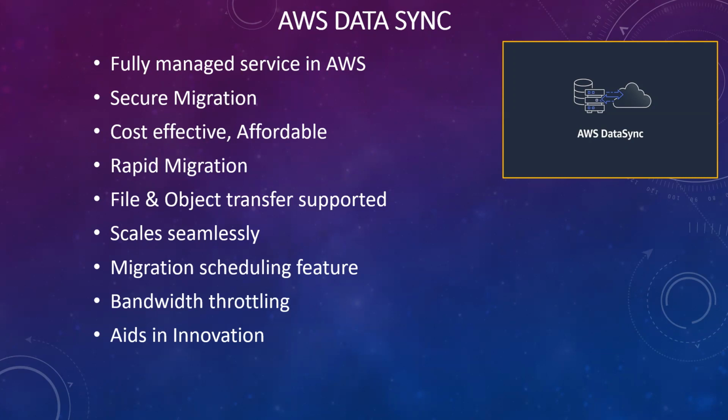Network traffic is encrypted with the TLS protocol and can be migrated rapidly by configuring bandwidth throttling in the task creation. Scheduling of a transfer task is also possible, and it's an important feature of DataSync, which makes it vital for automated transfers.